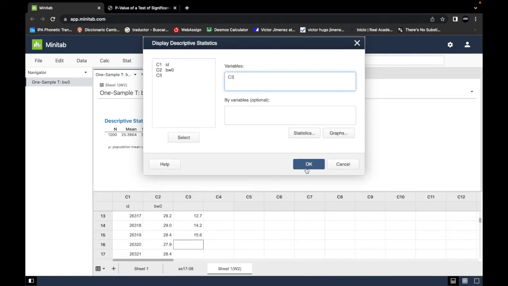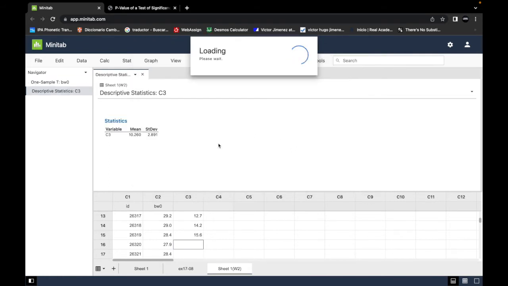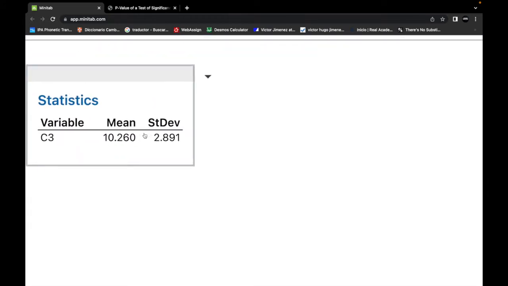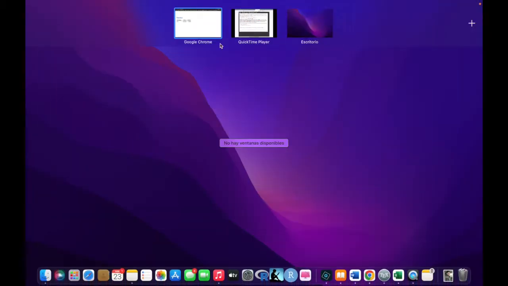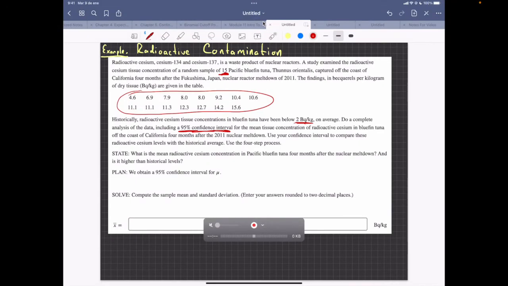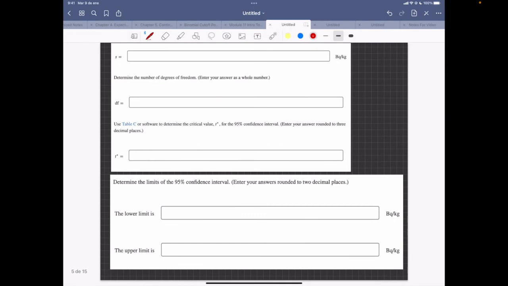Okay, and then okay. And there you have 10.26 and 2.891. So the mean is 10.26, and s, lowercase s, is the standard deviation, 2.89.